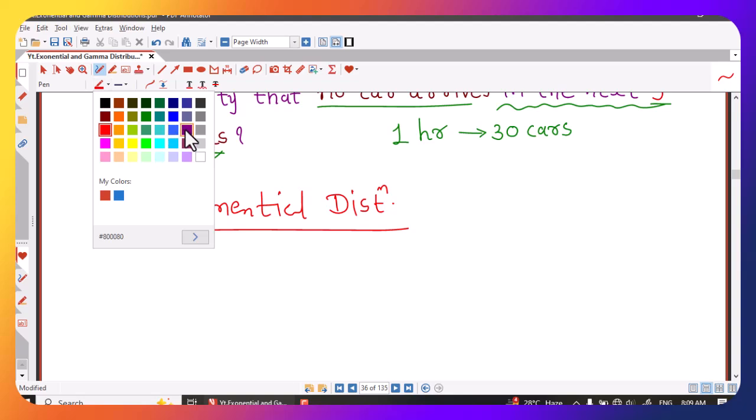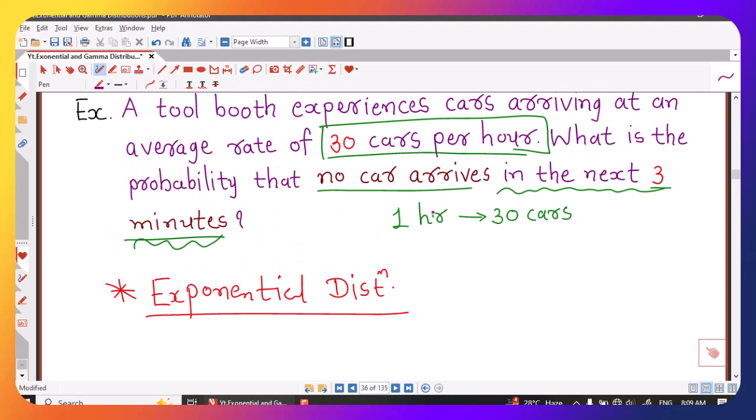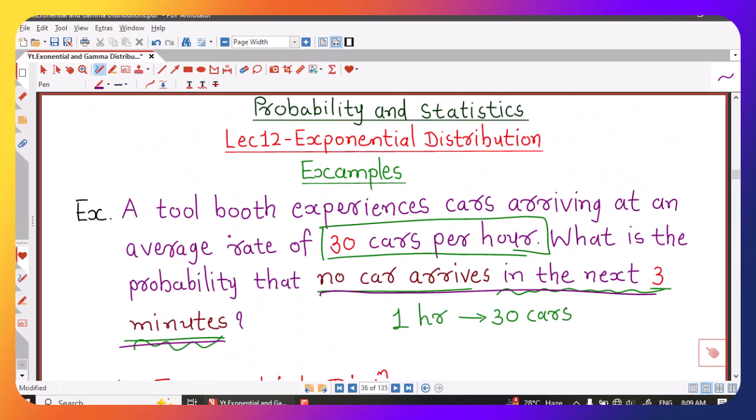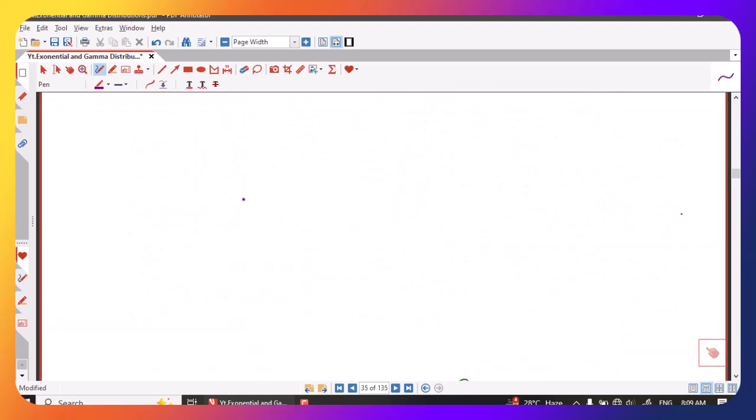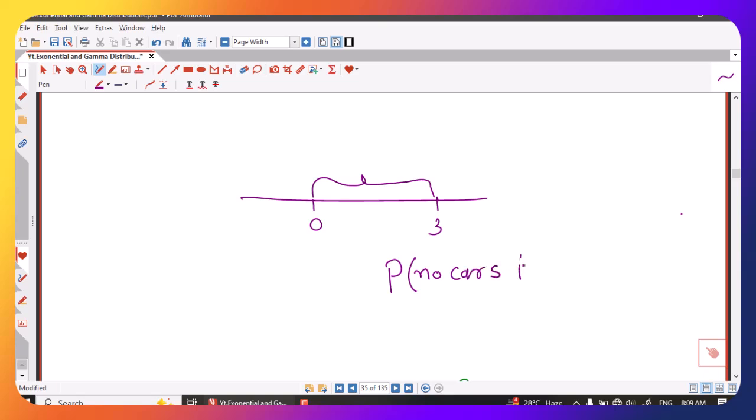Here we are interested in the probability that no car arrives in the next 3 minutes. That is, in a 3-minute interval no cars will arrive. Suppose this is the interval of 3 minutes, then we are interested in the probability of no cars in the next 3 minutes.